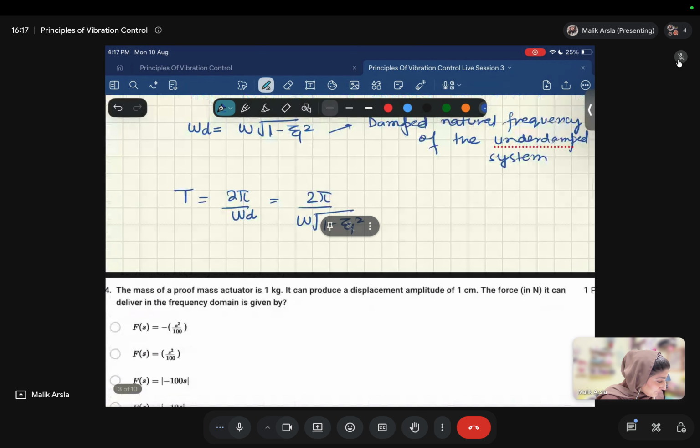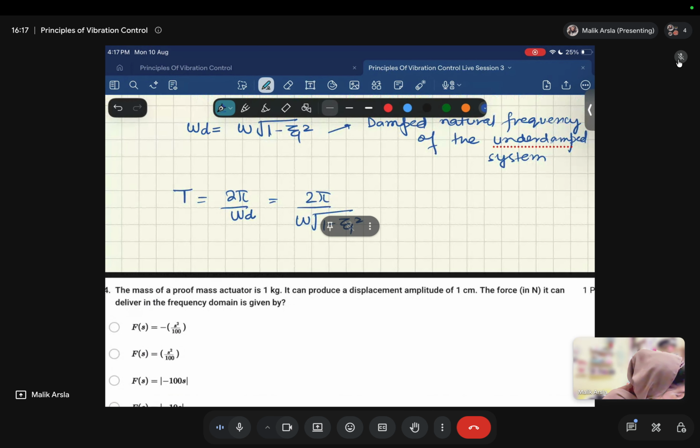When we decrease the damping, this overall term will increase, because it's 1 minus zeta square, and we are decreasing zeta slightly, so it will slightly increase. As the denominator increases, the time period should decrease.